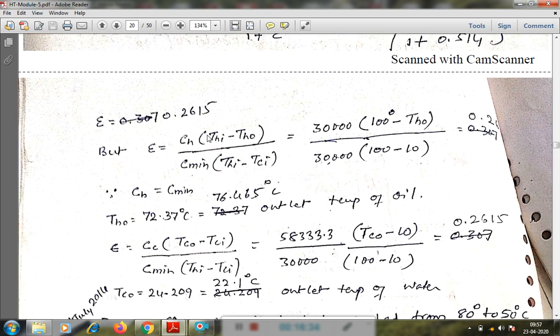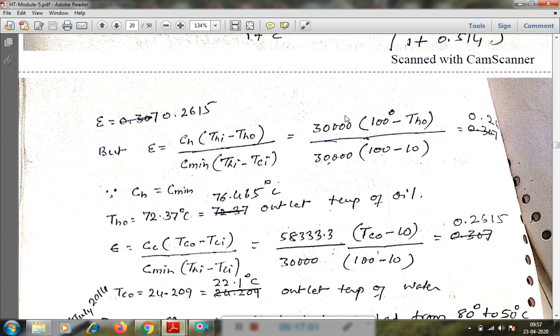Then the effectiveness equation in terms of the temperatures, as we have already taken, is Q by Q max, actual heat transfer to the maximum heat transfer, which can be given either by heat lost by the hot fluid or heat gained by the cold fluid. Heat lost by the hot fluid gives effectiveness equal to CH into THI minus TH naught by C min into THI minus TCI.